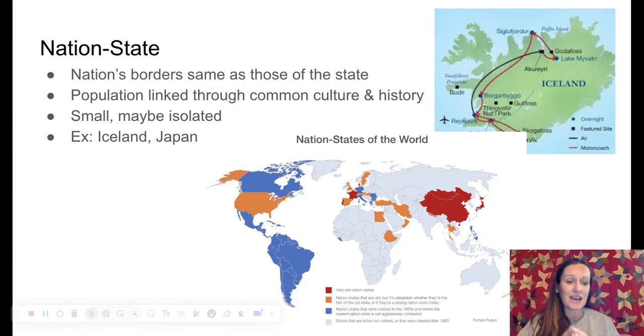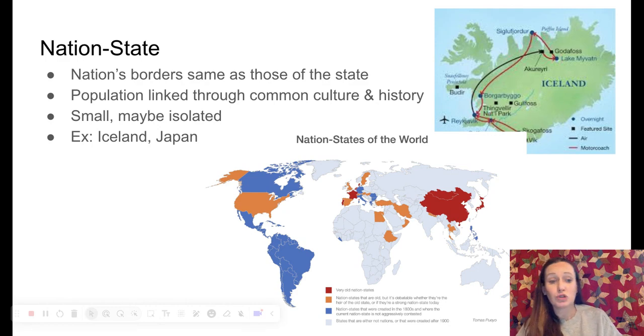But a nation state can be large and it can be multicultural. Because even though we have many different nations, many different cultures in the United States, there is still a common culture. English is still a predominant language, even if it's not spoken by 100% of the population, and things like that. So I don't want that to be too confusing to you.